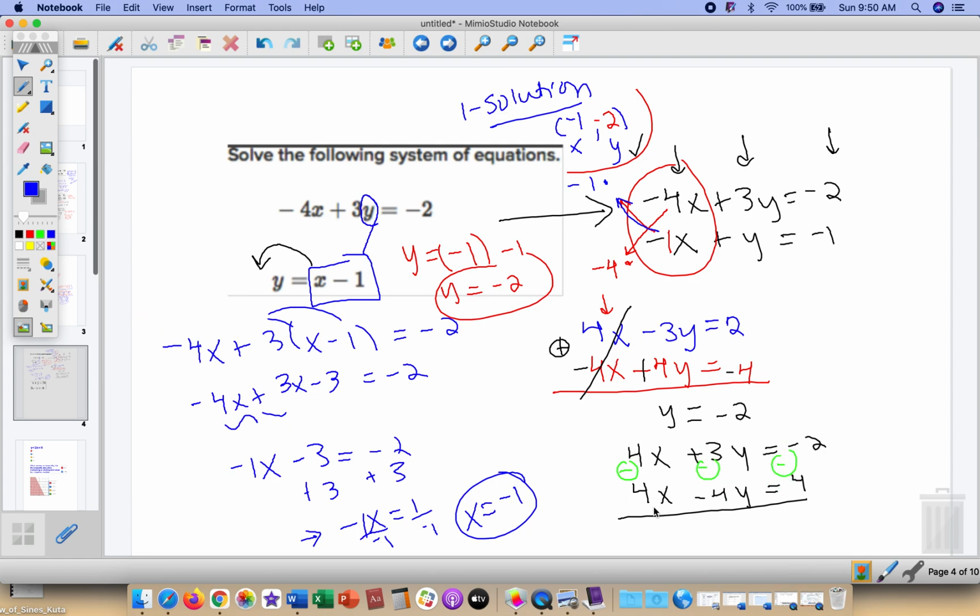So 4 minus 4 would become 0, 0x. 3 minus negative 4 is really 3 plus 4, or 7y. And negative 2 minus 4 will get us negative 6.